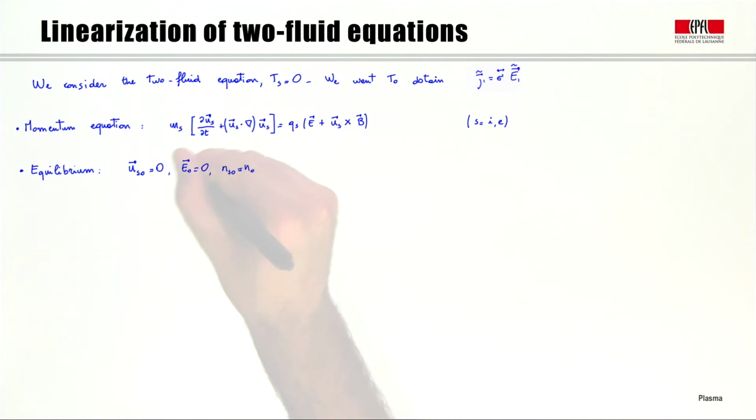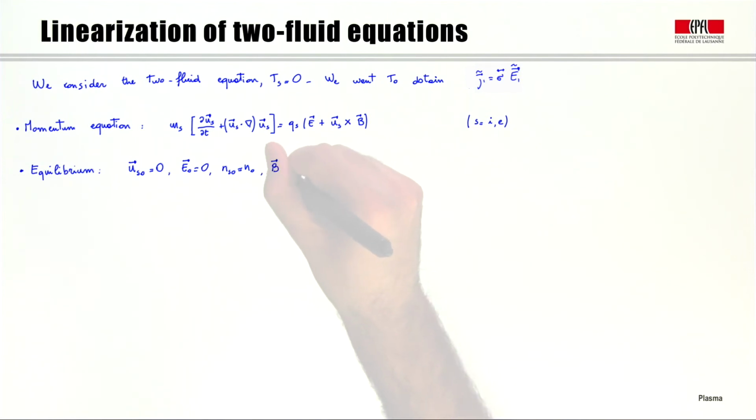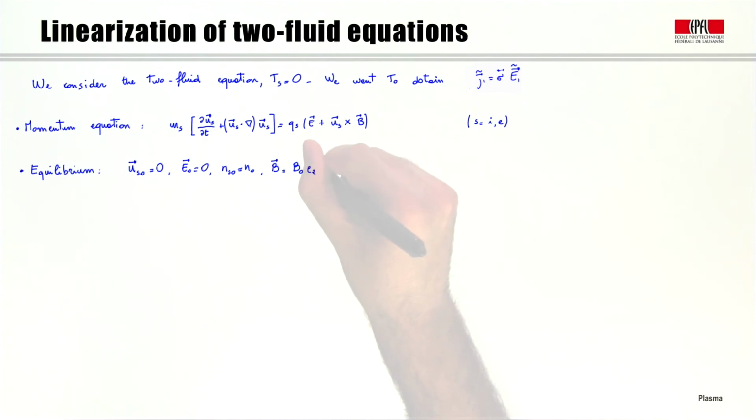But we will assume nevertheless the presence of an equilibrium magnetic field, which we assume to be uniform. And we will choose our coordinate system in such a way that B0 becomes aligned to the z direction.